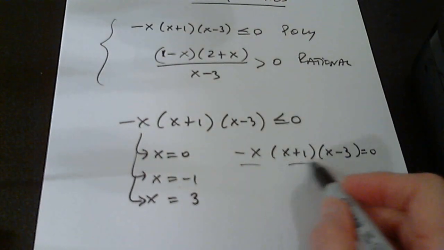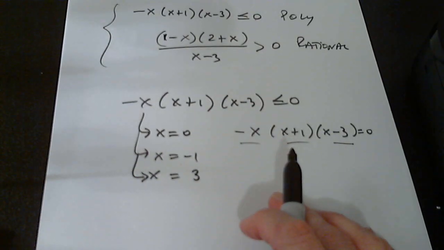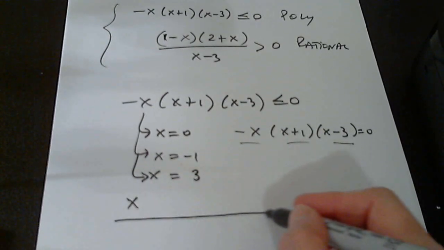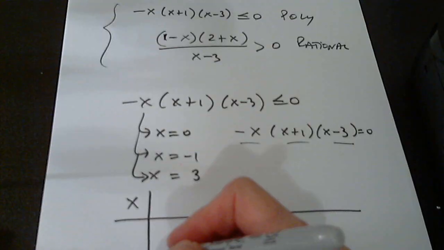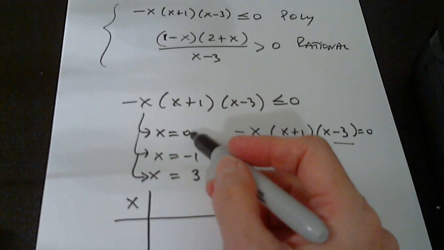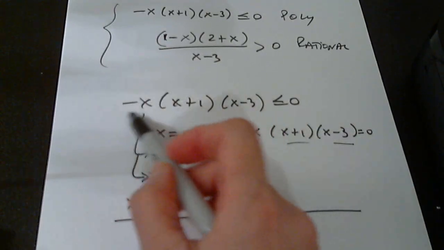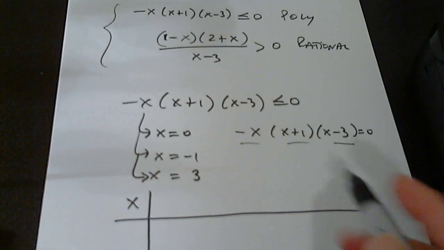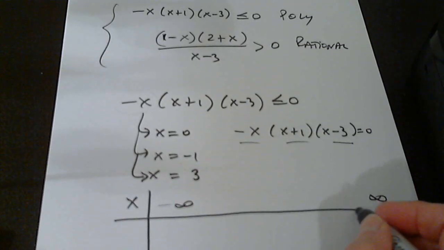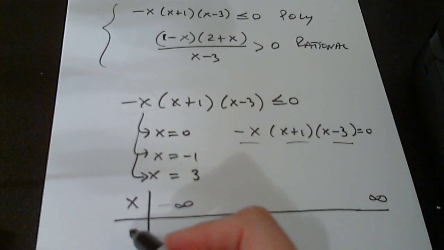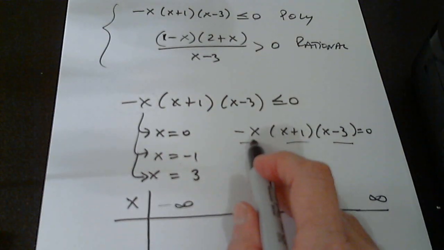These are important because I'm going to use a table to solve this inequality. The first row is values of x. Anything can go in there. The next row is the first factor.